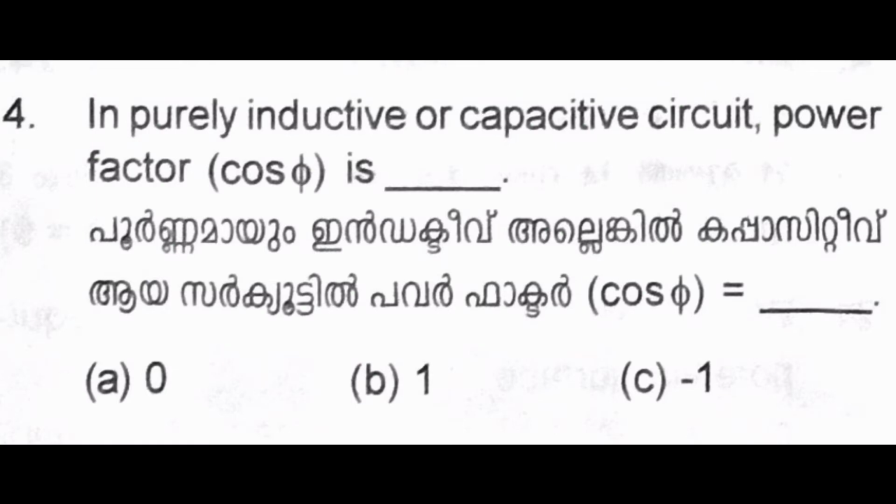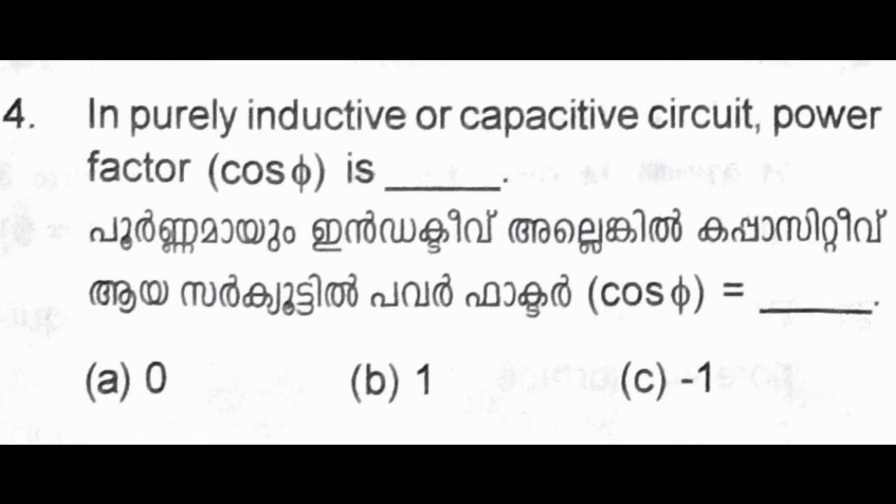Now question number 4. In a purely inductive or capacitive circuit, power factor, that is cos phi, is: the options are A 0, B 1 and C minus 1. Here the power factor is already given in brackets, that is cos phi, right? Now it is very easy to calculate the value.